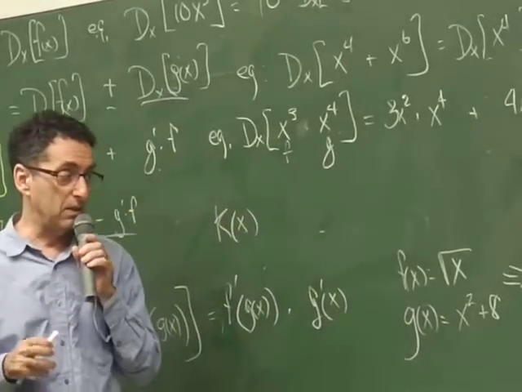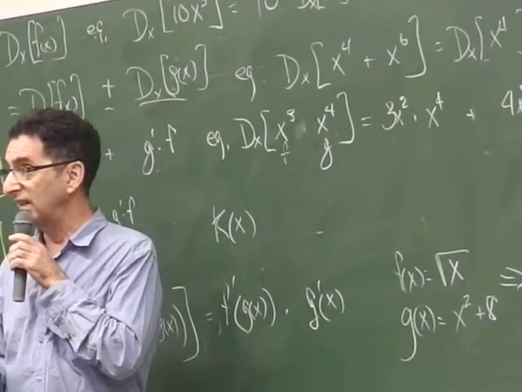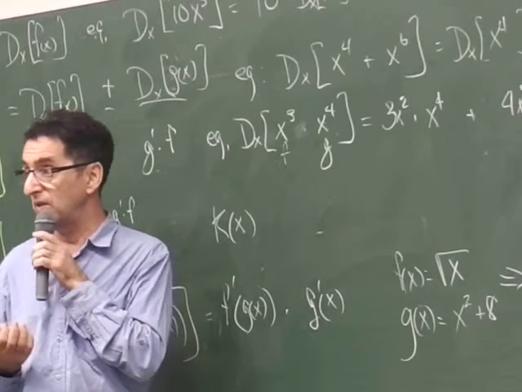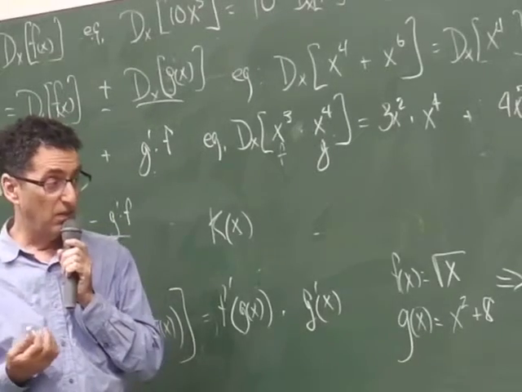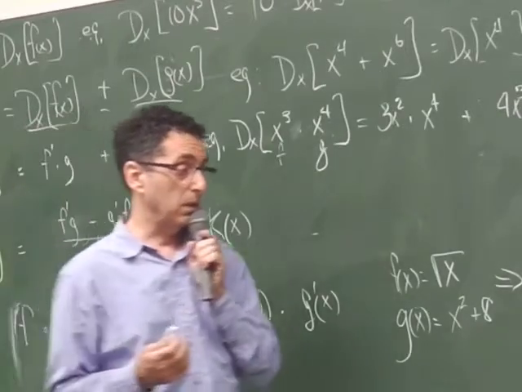That means I'm putting g into the square root function. So what is that? Square root of x squared plus 8.